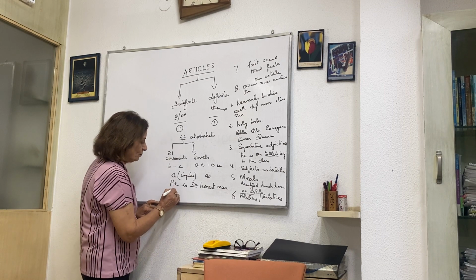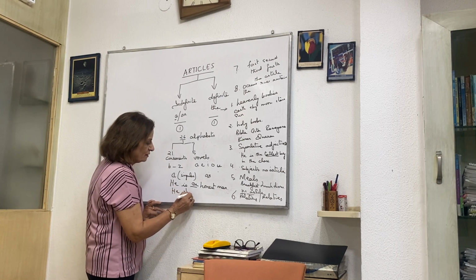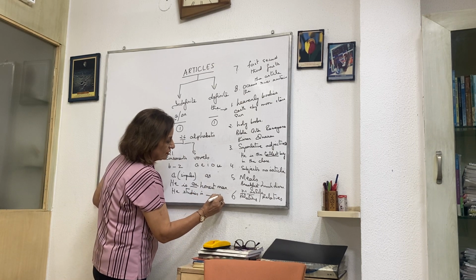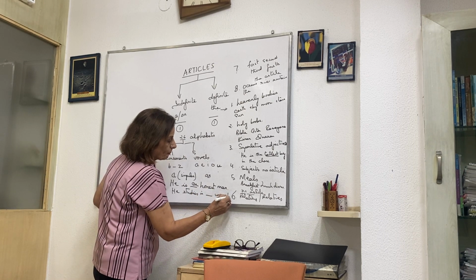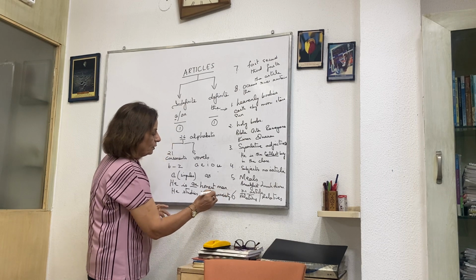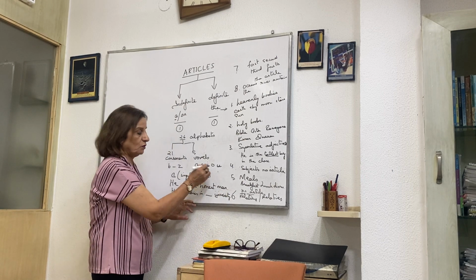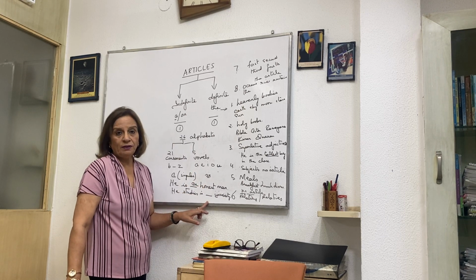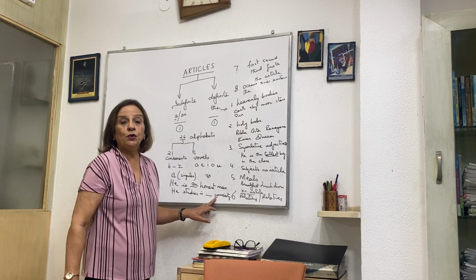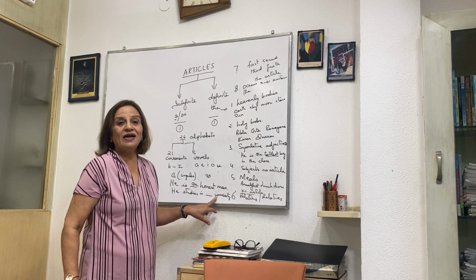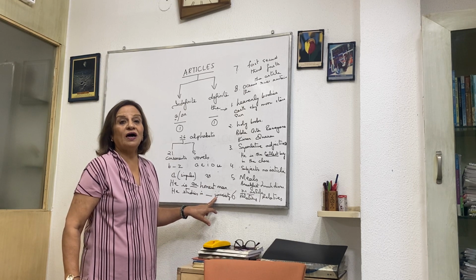Now see another example. He studies in university. Now you will say U is a vowel, so an should come here. But U, what is the sound of U? Umbrella, under, up.